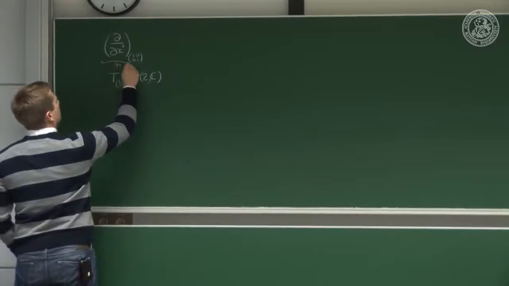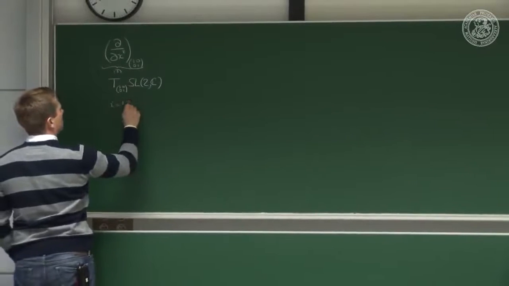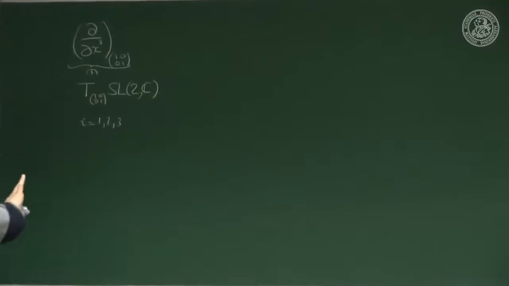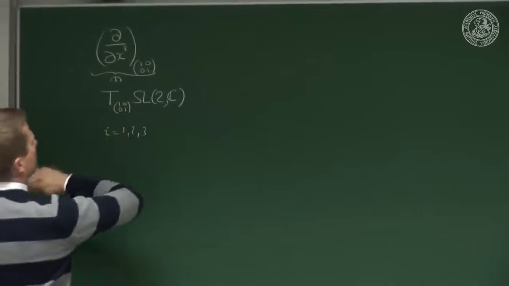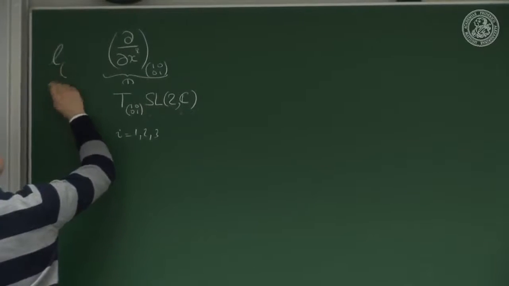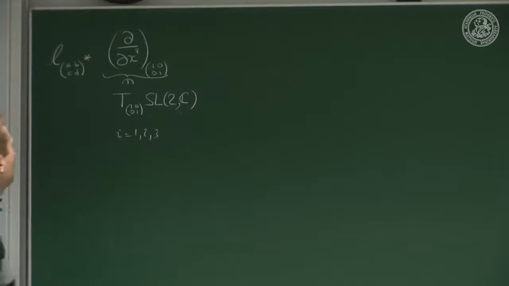We constructed from these, where i runs from 1 to 3, the left invariant vector fields on all of SL2C by virtue of taking a left translation to a point ABCD and the push forward thereof.